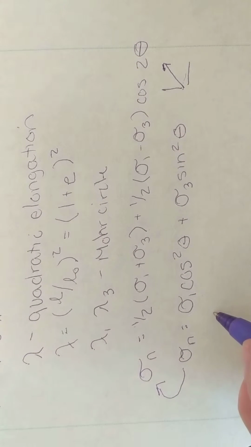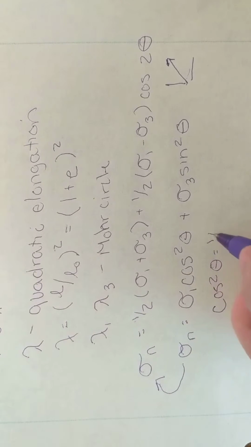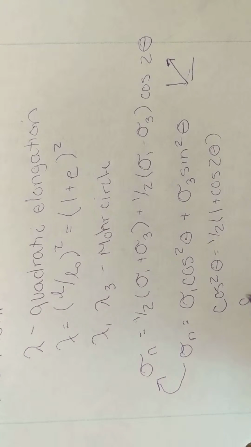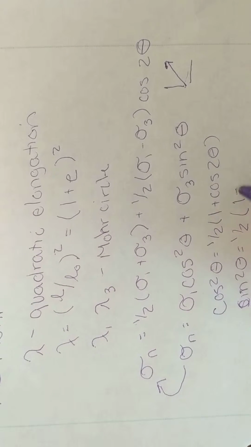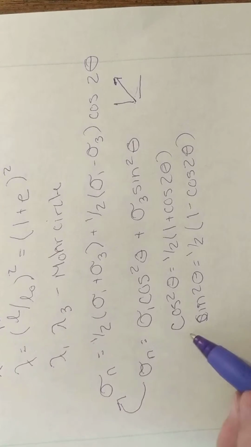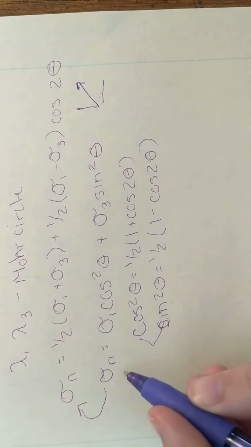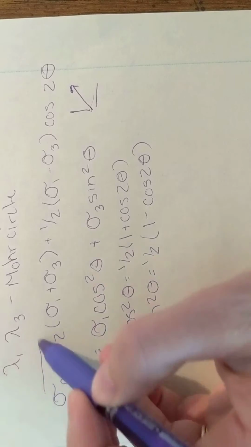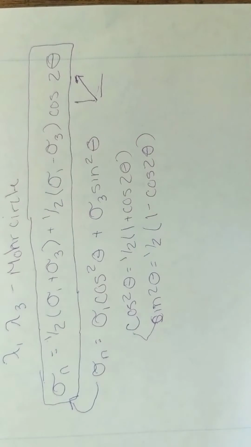We then substituted in these trig relationships, so cosine squared theta is equal to 1/2 (1 plus cosine 2 theta), and sine squared theta is equal to 1/2 (1 minus cosine 2 theta). So these are relationships that are already determined. We substitute these in for this in terms of our sigma n, and that's what gets us to this final equation that we use to calculate our normal stress.